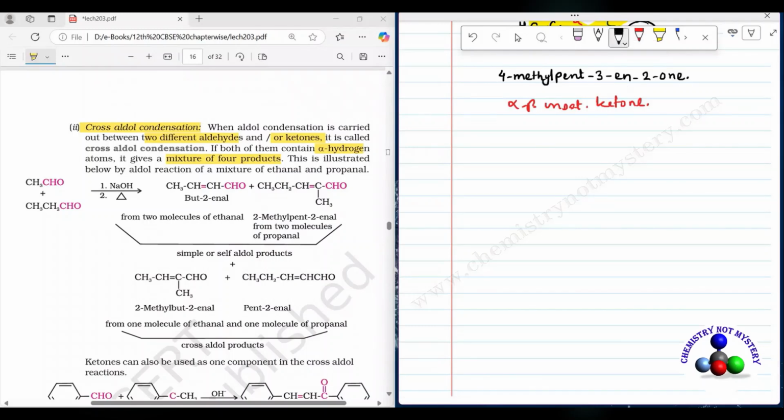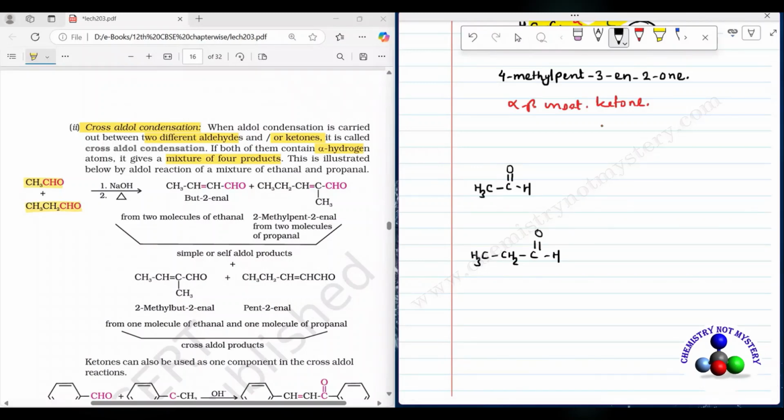There is a short trick to get the product of aldol condensation. When the reaction takes place with one molecule of ethanal and propanal, this is CH3, C double bond OH, this is ethanal, and here this is propanal, CH3, CH2, C double bond OH.